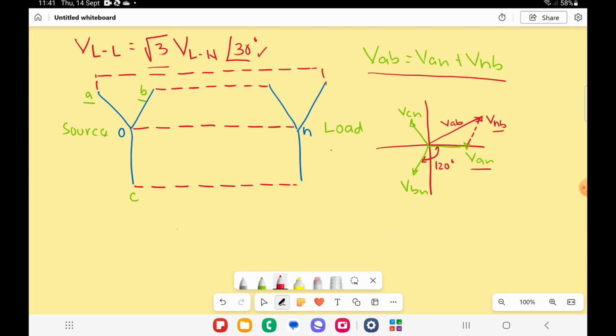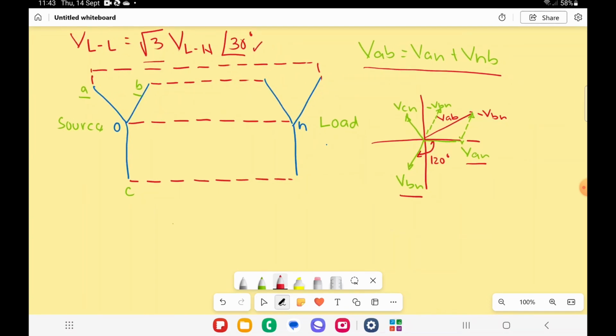If we draw a vector opposite to phase voltage VBN, or 180 degrees out of phase with VBN, we can call this negative VBN. So we can replace phase voltage VNB by negative VBN.